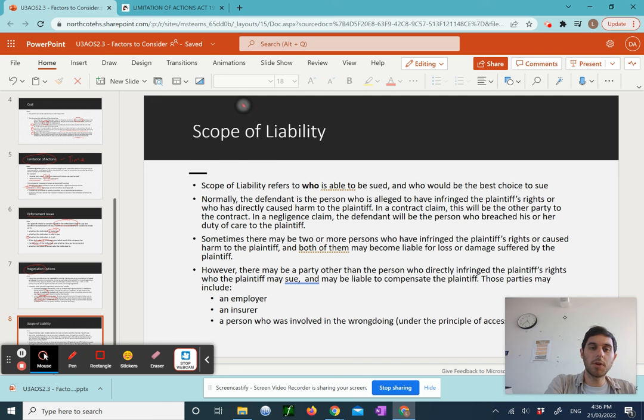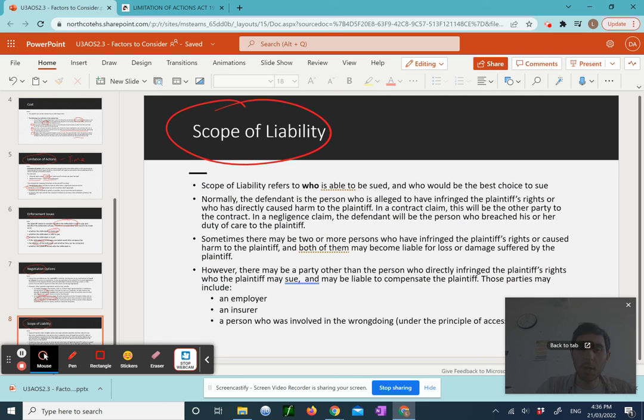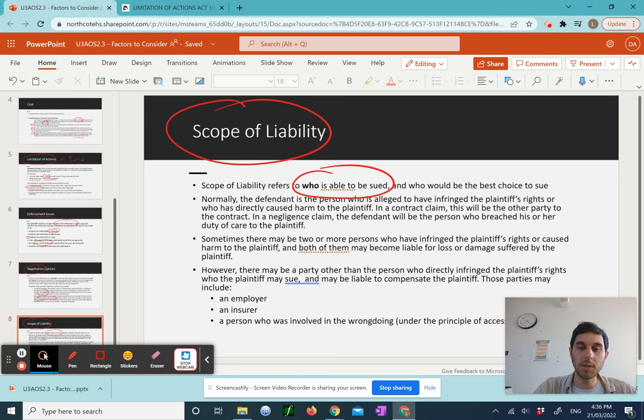And then finally, we've got the scope of liability. The scope of liability refers to who you should sue. Who's the best choice here? Obviously, there's going to be at least one person who has directly harmed you in a civil case, but there may be other people who are better choices in terms of who you should sue.